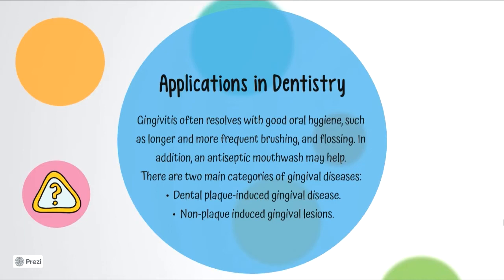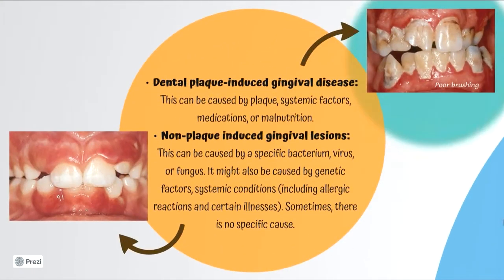There are two main categories of gingival diseases: dental plaque-induced gingival disease and non-plaque-induced gingival lesions. So we have dental plaque-induced gingival disease. This can be caused by plaque, systemic factors, medications, or malnutrition.